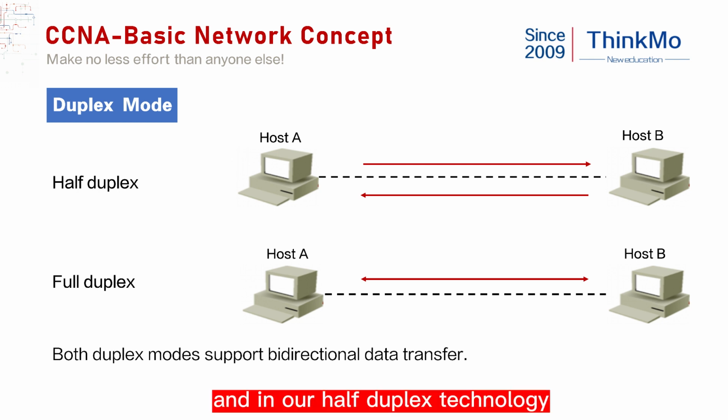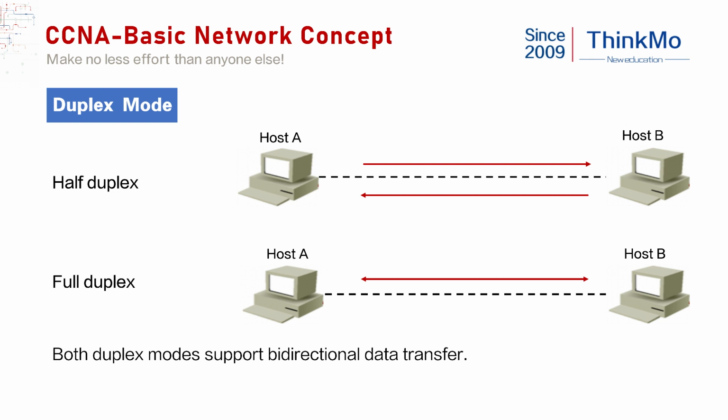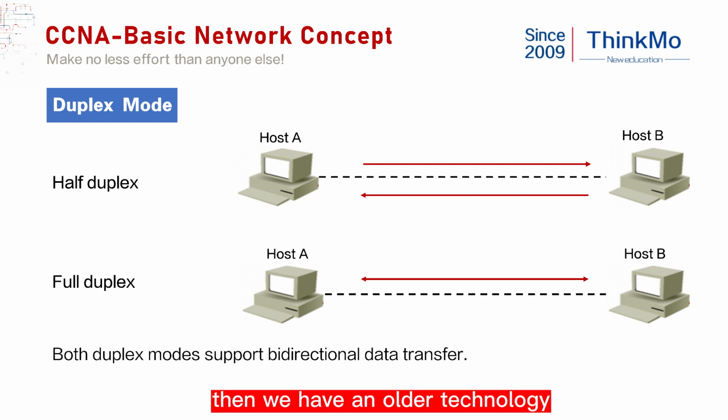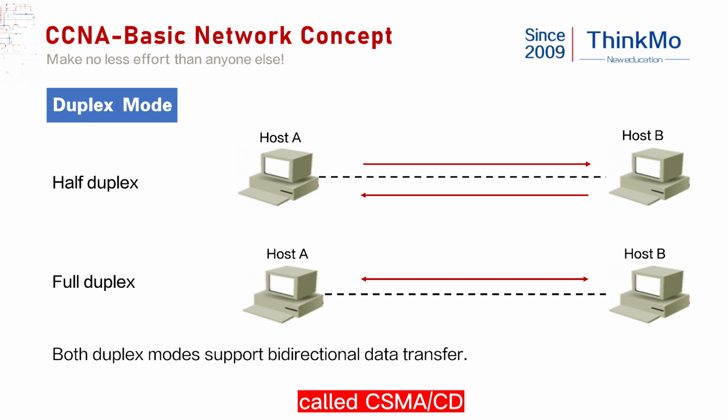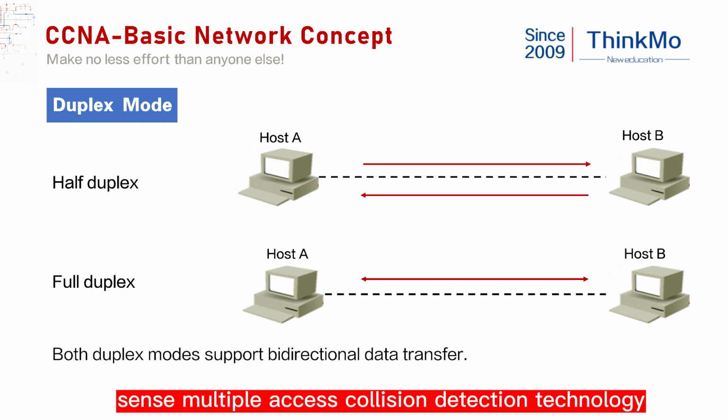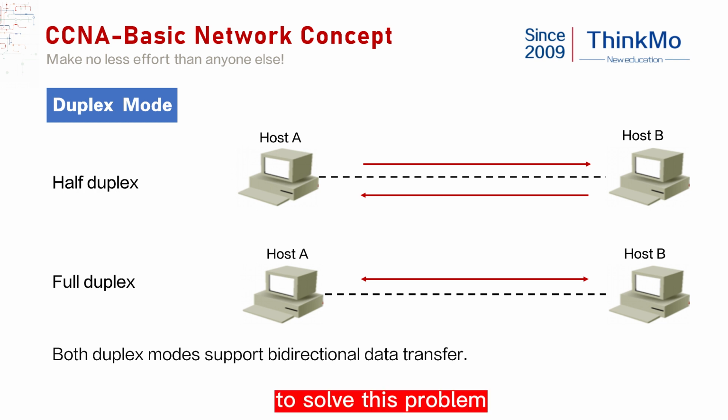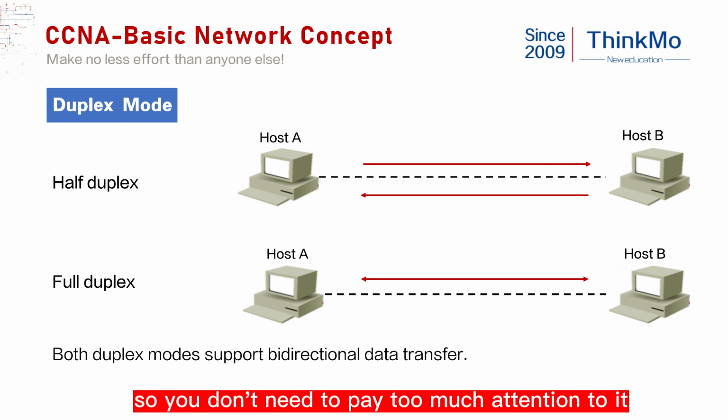And in half duplex technology, there is a data collision problem. So we have an older technology called CSMA/CD, Carrier Sense Multiple Access with Collision Detection, to solve this problem. But now this technology is basically not used, so you don't need to pay too much attention to it. We hardly see half duplex now.